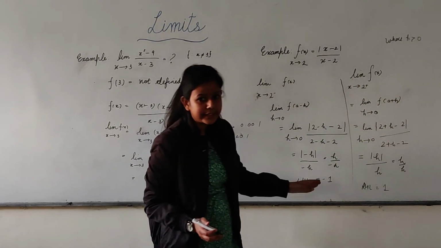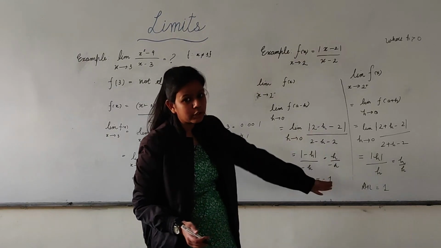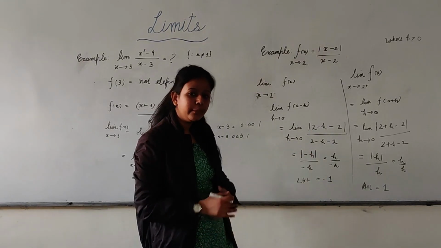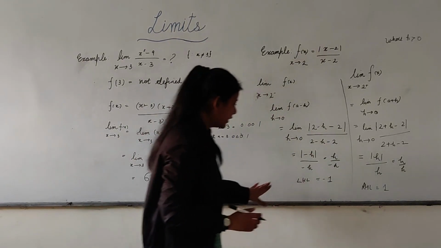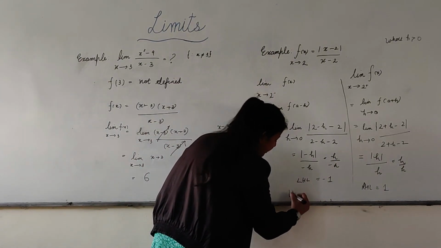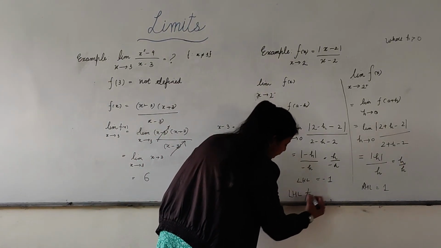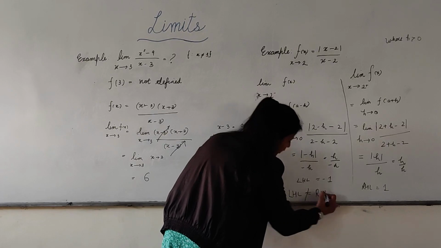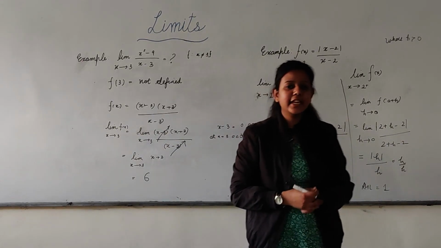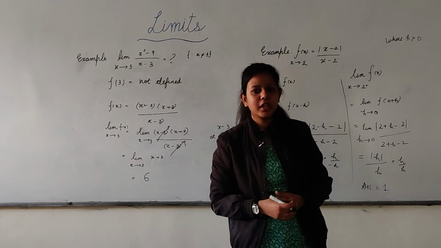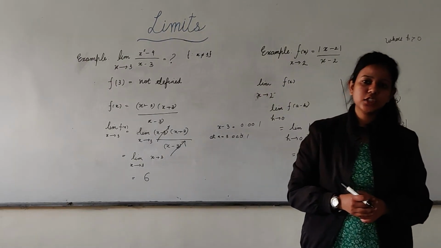Now we can clearly see that LHL is not equal to RHL, so the limit does not exist. In this case we say that the limit does not exist. This is all about the existence of the limit.